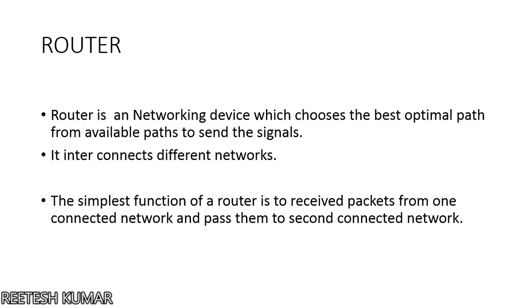It interconnects different networks. The simplest function of the router is to receive a packet from one connected network and pass it to the second connected network. So a router is a network device that chooses the best optimal path while sending data from the sender to receiver.